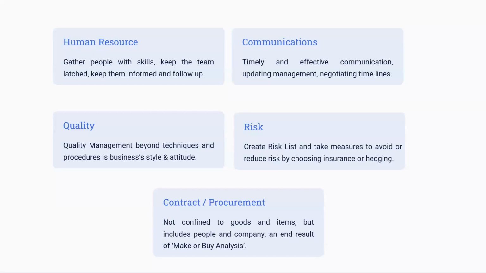So contracting means selecting the right kind of supplier for making the product or giving out the service. That is also very important, because if the quality of the raw material or the quality of the resource is not good, the whole thing is going to be a failure.